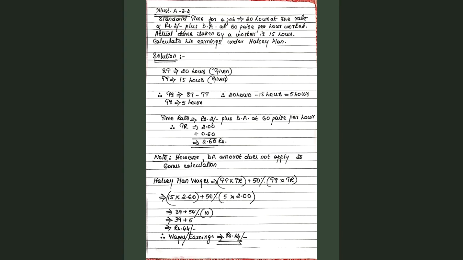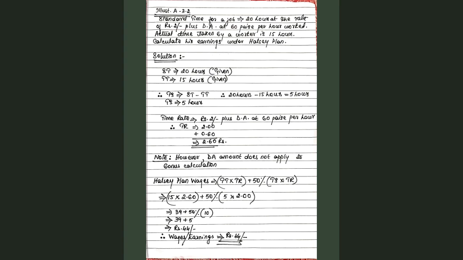So the worker is expected to work for 20 hours as per the organization rules, and for that he is paid rupees 2 along with a DA of 60 paise for every hour that he works. However, the worker has not used the complete 20 hours. Within 15 hours, he has completed his task.